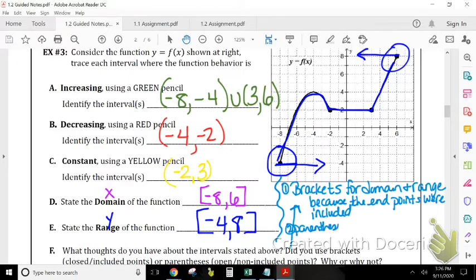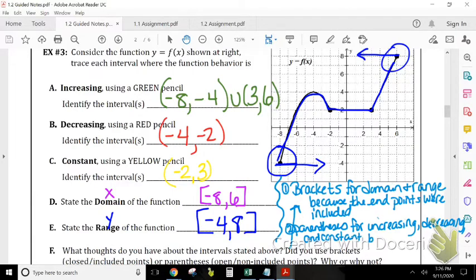And when did we use parentheses? We use parentheses for increasing, decreasing, and constant. And why?